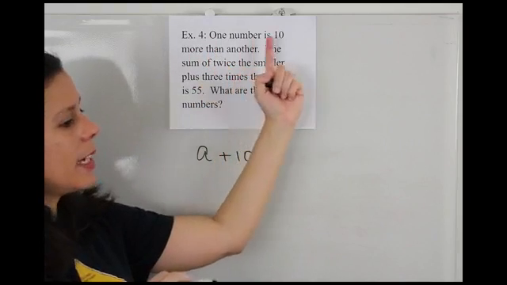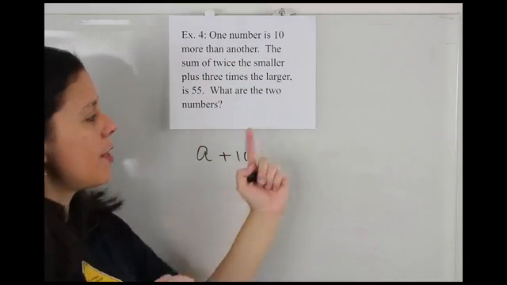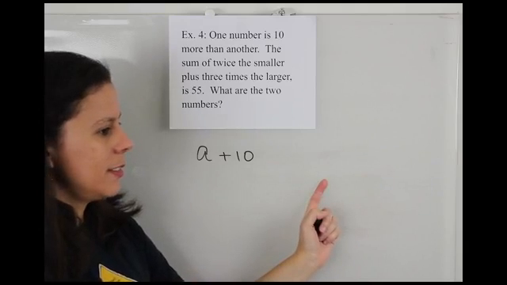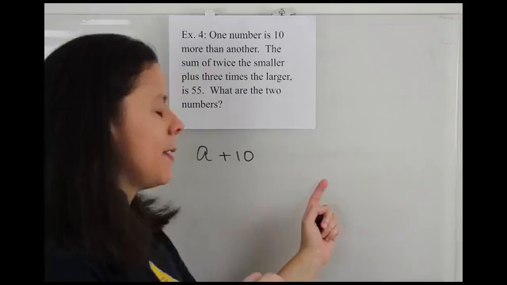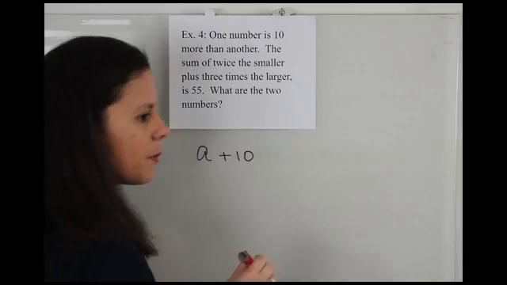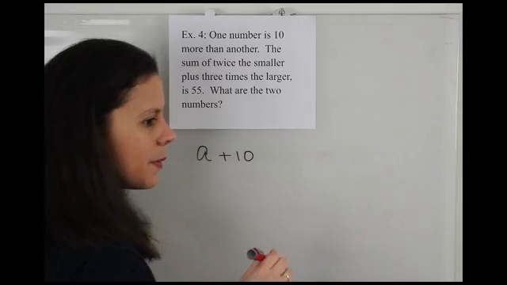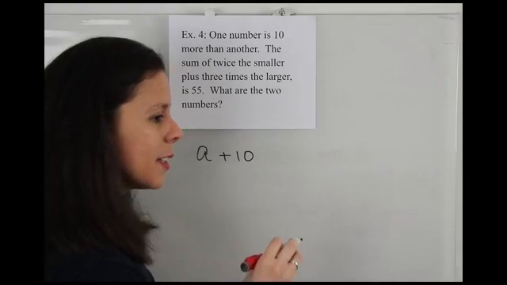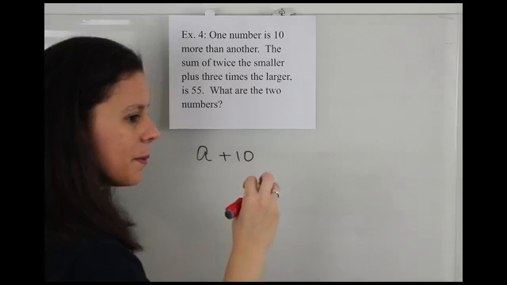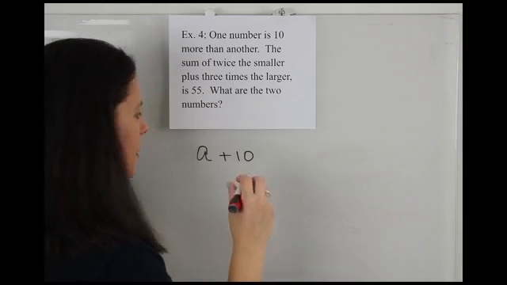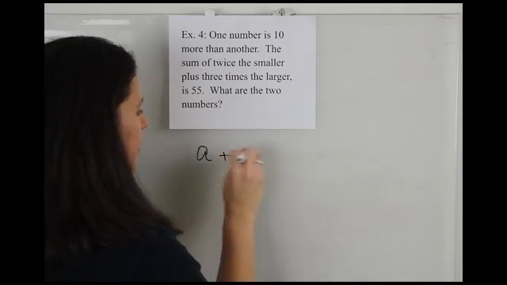One number is 10 more than the other number. So, erase the 10 and put the B. Say that again? For, instead of the 10, have a B. Okay.